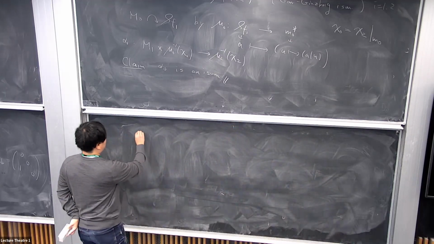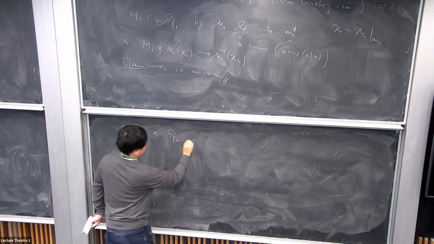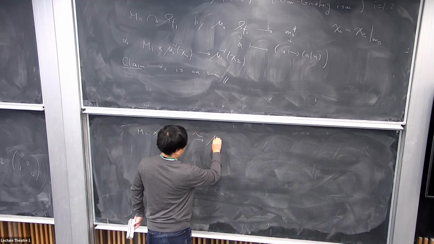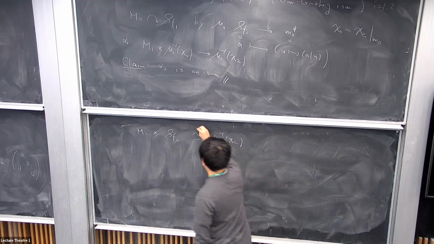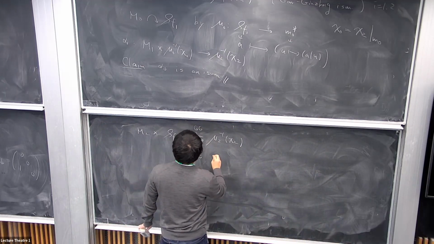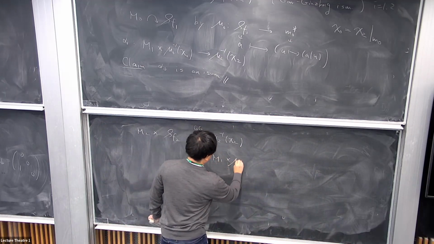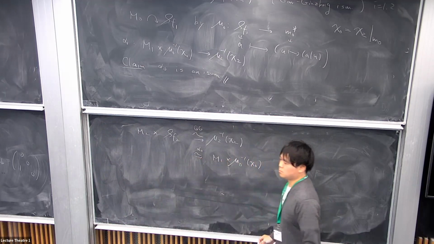First of all, we want to consider the Gan-Ginzburg isomorphism, which is like mu2 inverse chi 2. But now we consider alpha 0. This is isomorphic to M1 times mu0 inverse chi 0.